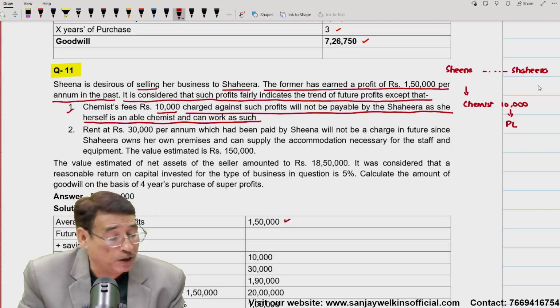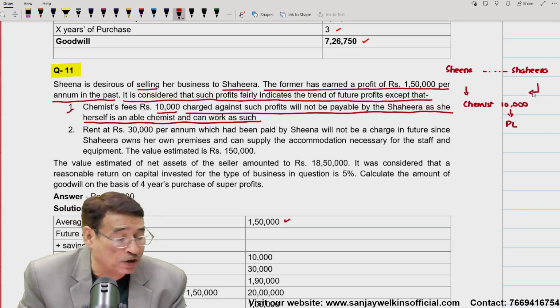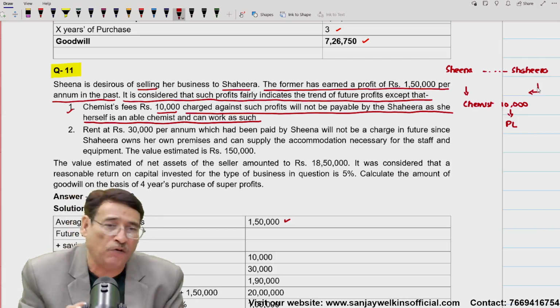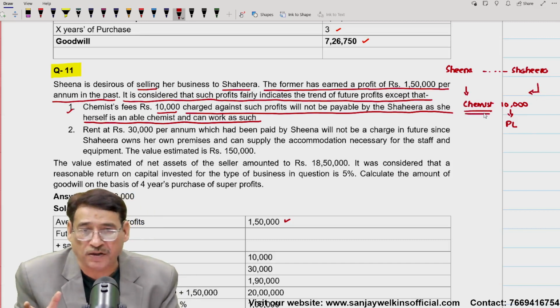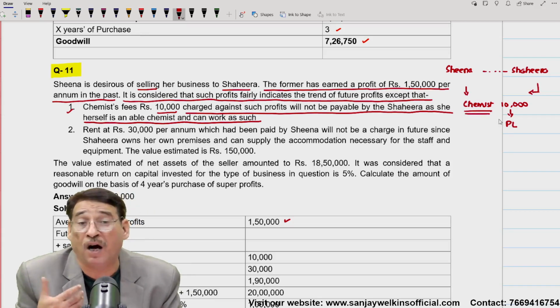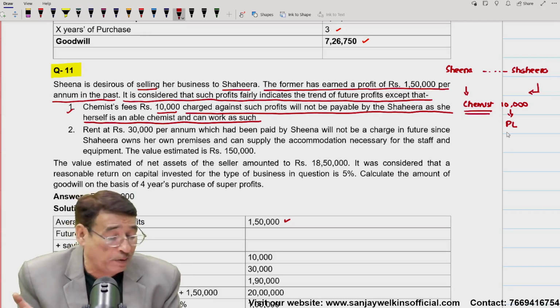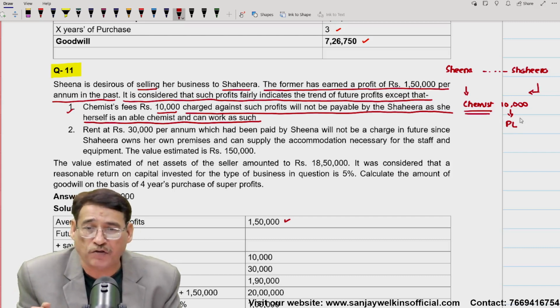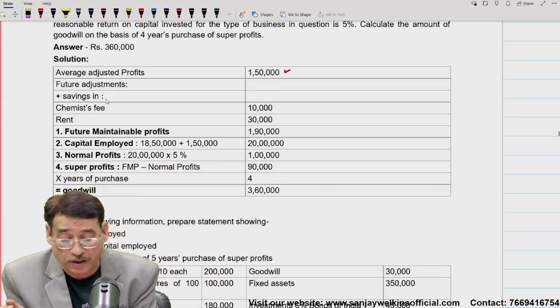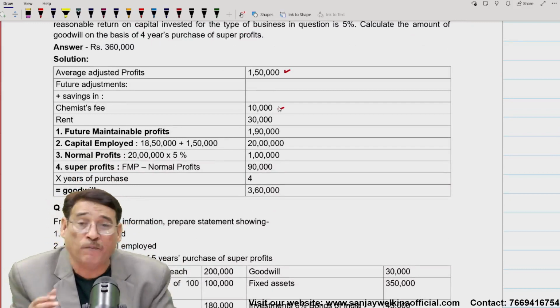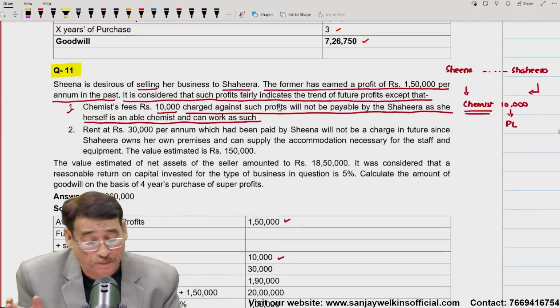However, because Shahira, the purchasing party, is herself an able chemist, she won't be requiring a chemist's services. So that means it is going to work as a sort of saving for the purchasing party, and that is the reason I will write here future adjustment, and savings in chemist fee I am going to add here. Is it clear to you?